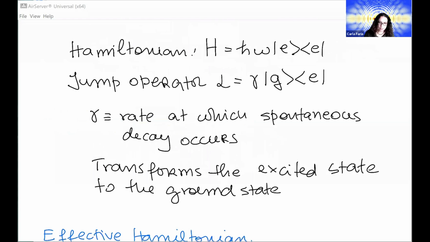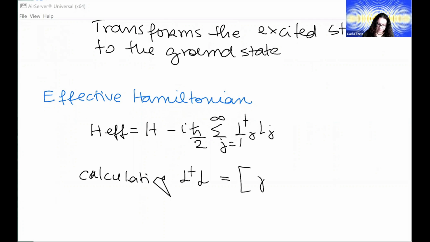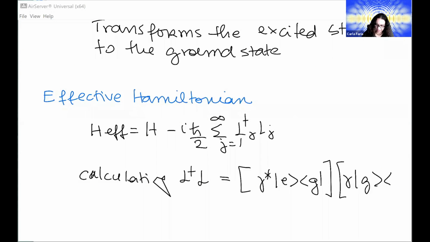So calculating L dagger L is going to give you gamma star |E><G|, which is L dagger, applied to gamma |G><E|.